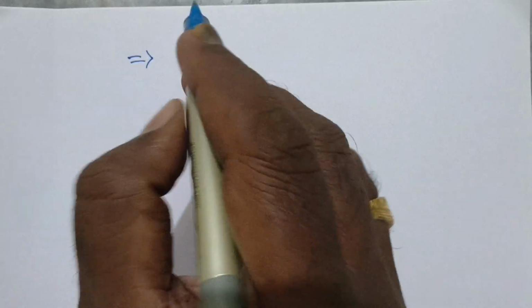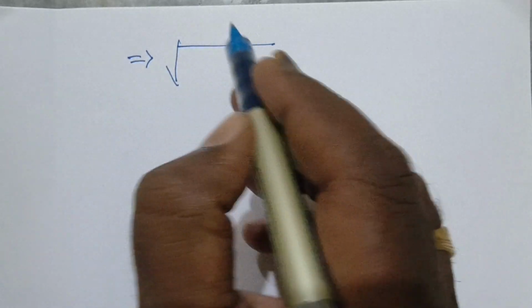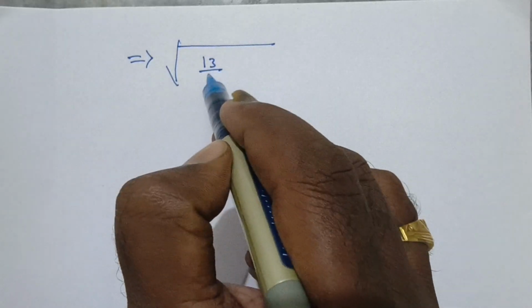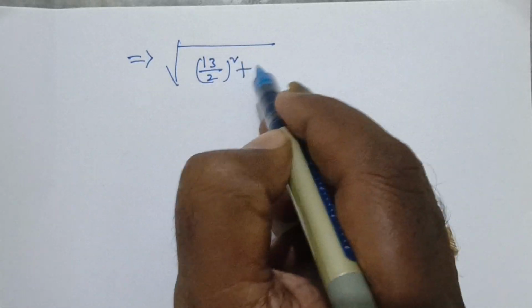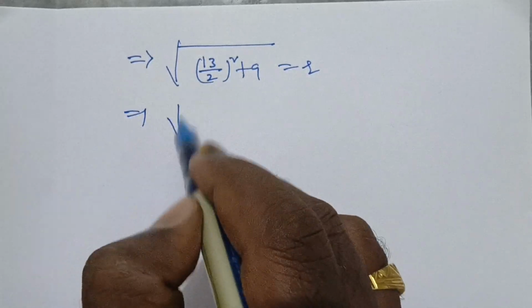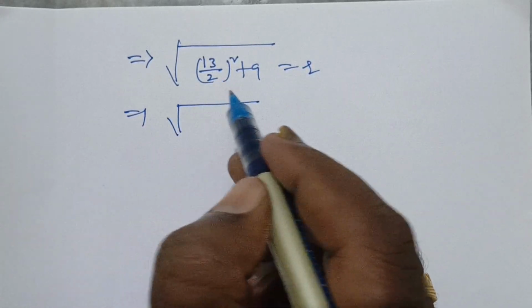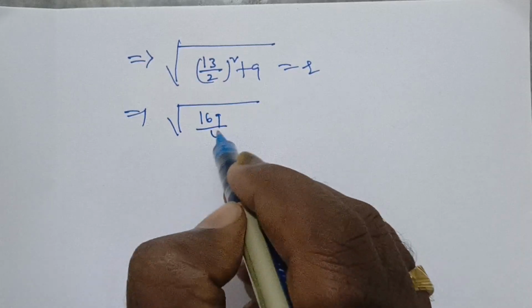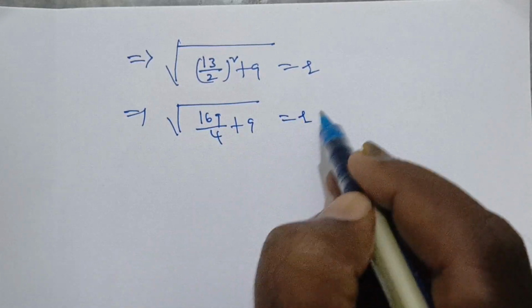That implies the square root of (13/2)² plus 9 equals r. 13 squared is 169, so 169 by 4 plus 9 equals r.